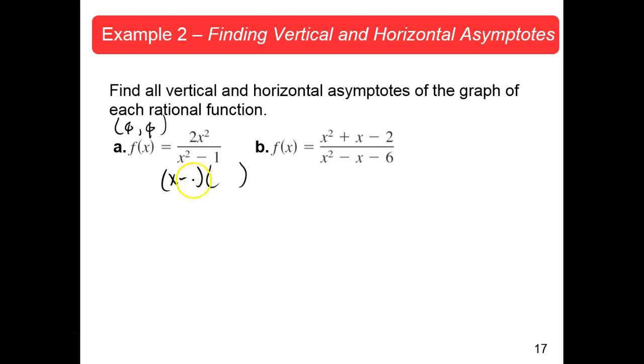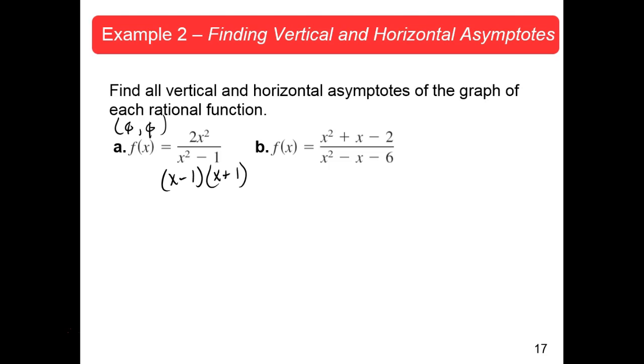X minus 1 times x plus 1. Okay. All right. Those are conjugates of each other, remember? Okay. X times x is x squared. X times 1 is x minus x, 0x minus 1. Yeah, that works. Okay? Now ask again, what makes that denominator 0?